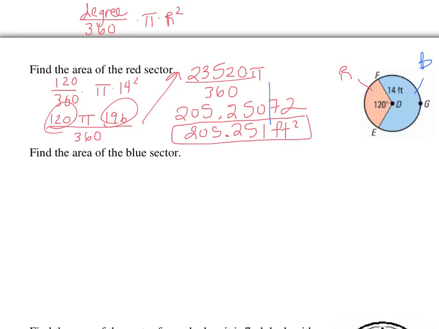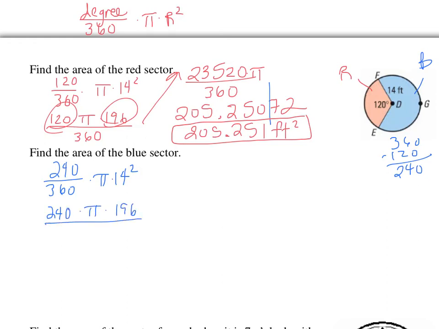All right, for the blue section, the degree we need to find, so we need to subtract 120 from 360, and we get 240. So that's our degree we're using, divided by 360 times our pi r squared. Again, I need to simplify what I can, so 240 times pi times 196 over 360.